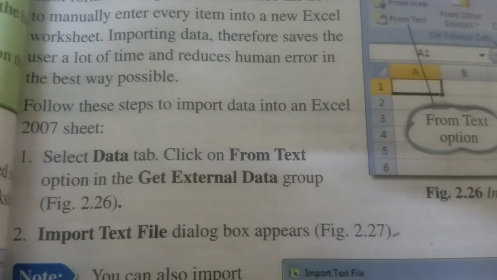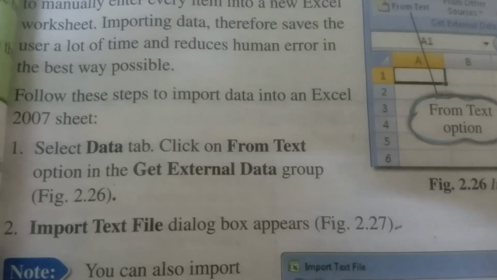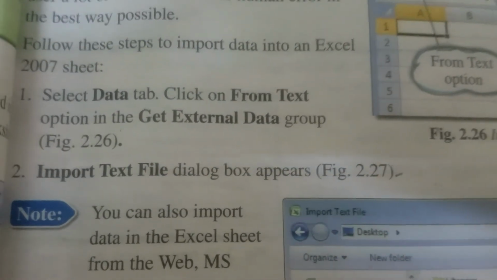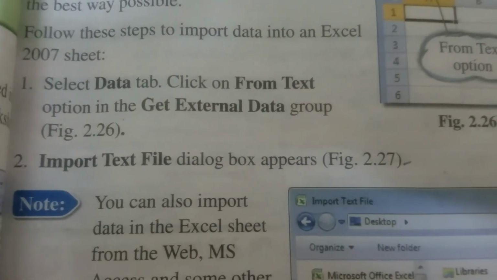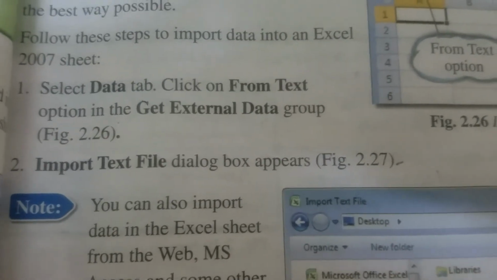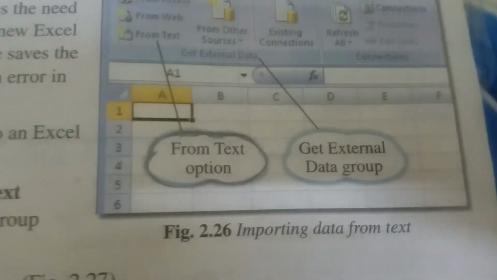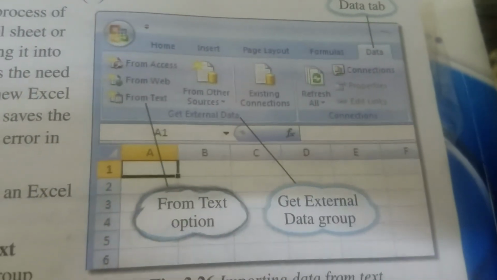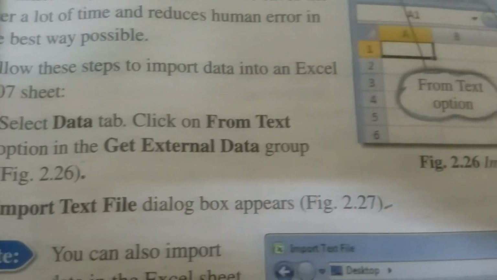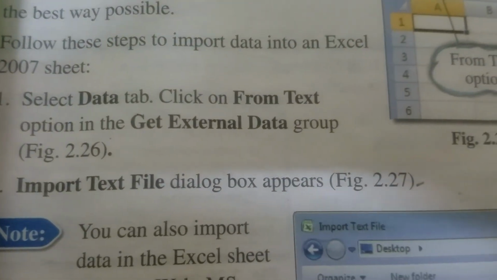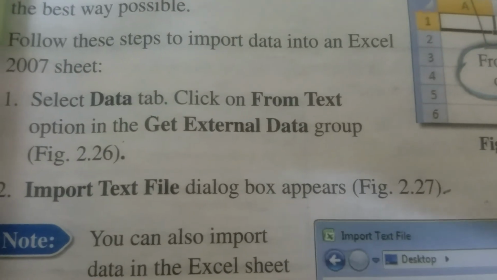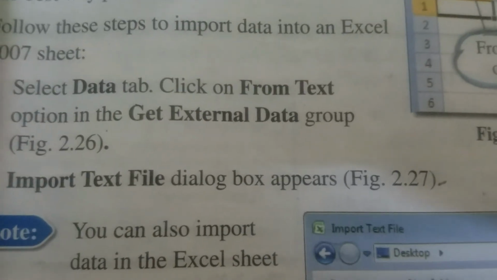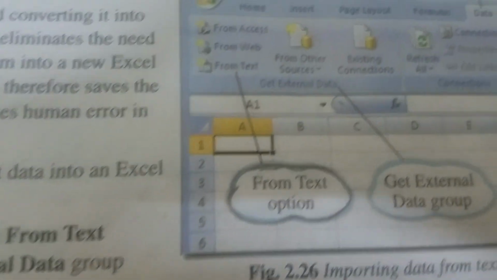Follow these steps to import data into an Excel sheet. What are the steps that we have to follow? First, select the Data tab. Figure 2.26, Data tab. In the Get External Data group in the Data tab, we have different groups.